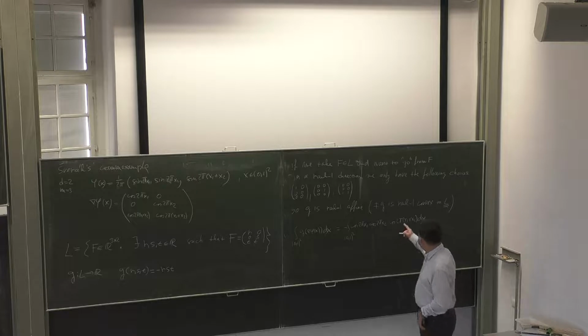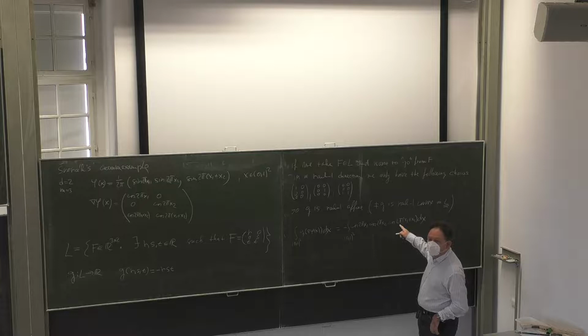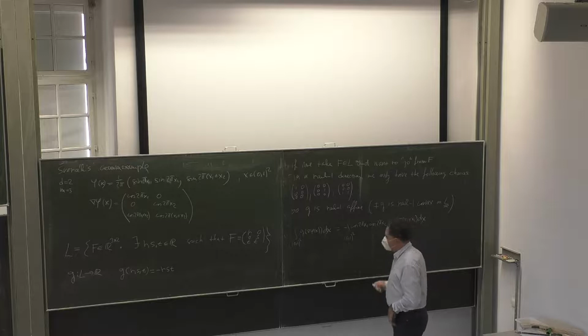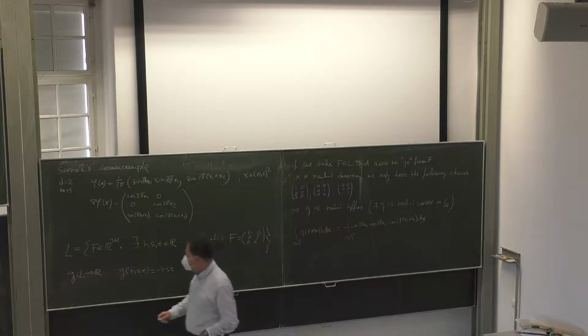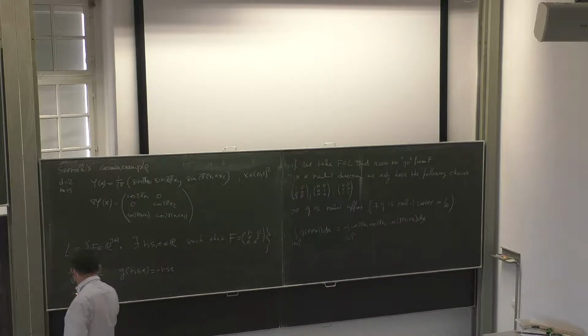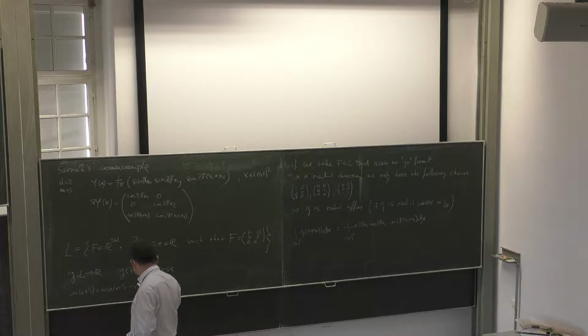So now you go back in your mind to the high school class when you remember these formulas for cosine of a sum. I think you just use the formula that cosine of alpha plus beta is cosine alpha cosine beta, and I think it's minus sine alpha sine beta.